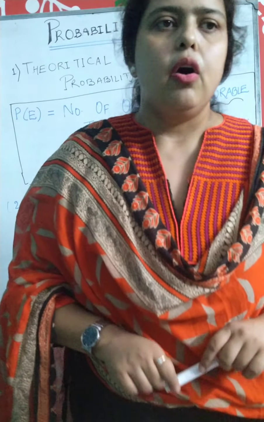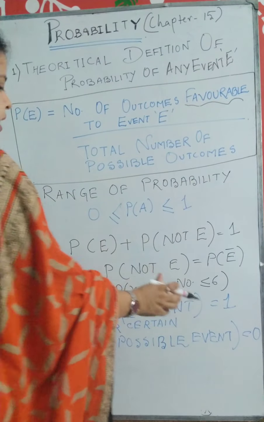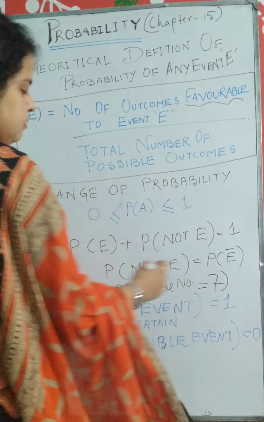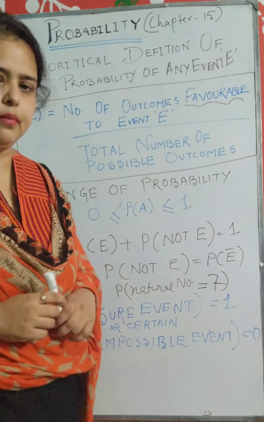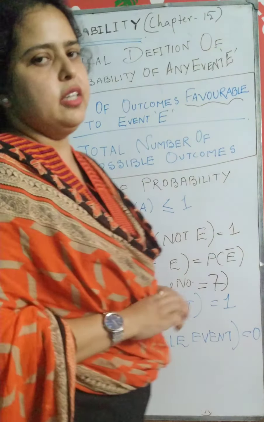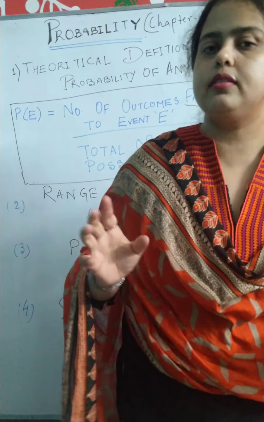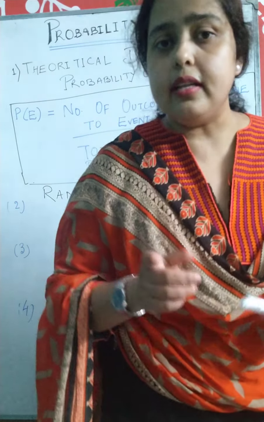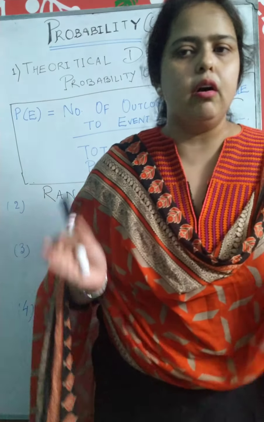Or if I say the probability of getting a natural number 7 in a roll of a dice, you will say, oh gosh, it is impossible, ma'am. I have only 6 faces in a dice and they are 1, 2, 3, 4, 5, 6. So that is an impossible event whose probability is always 0.